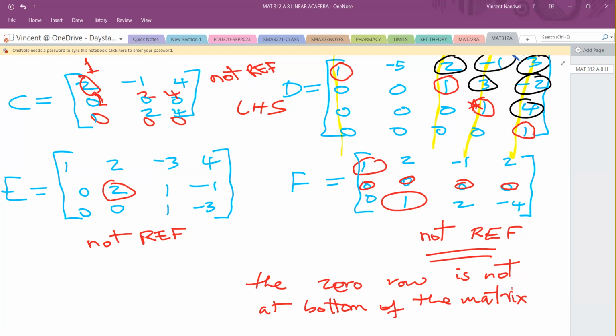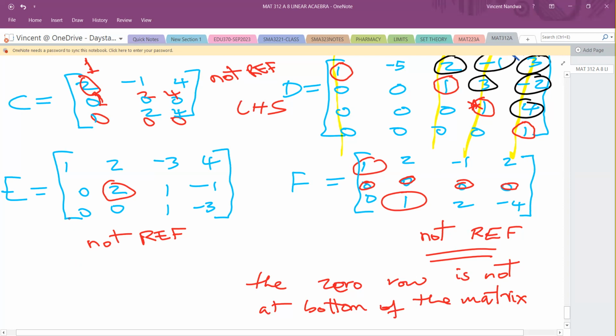And so that is what the work of elementary row operations does. You are allowed to switch two rows, or to interchange two rows. And so when you interchange row 2 and row 3 for F, it will now convert the matrix into row echelon form.